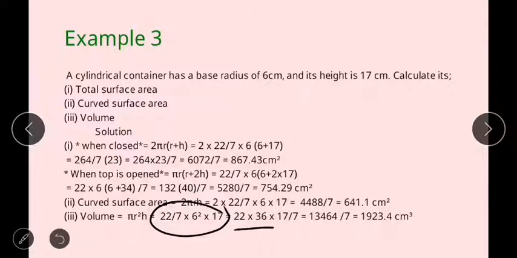Did you arrive here? Good. Simplify further. Did you arrive here? Well done. And then your final answer would be 1,923.4 centimeter cube. Clap for yourself. You are not too big to clap for yourself, you know. Good.